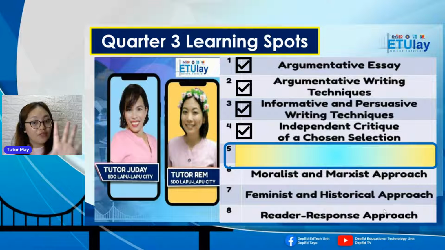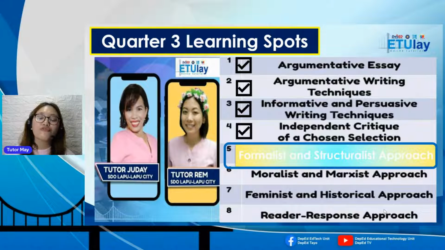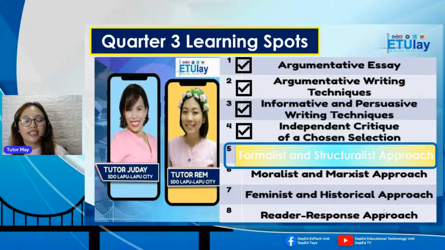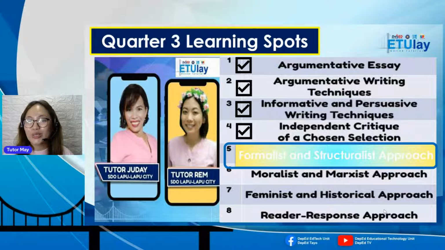So we are now on the fifth week, and we will be talking about formalist and structuralist approach. I hope you will be with me and you will stay tuned to learn about these two schools of thought in literature. So when you were in grade 7, you talked about literature. You had an introduction of what literature is. When you were in grade 8, you learned about Asian African literature.